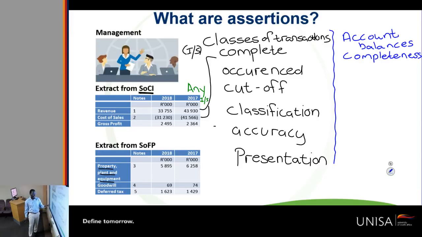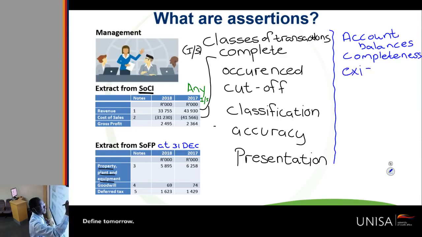For a balance on our statement of financial position, we do not say that it has occurred. We say that it exists because our balance sheet is as at a specific date, for example, 31 December. So the assertion would not be occurrence, but existence.